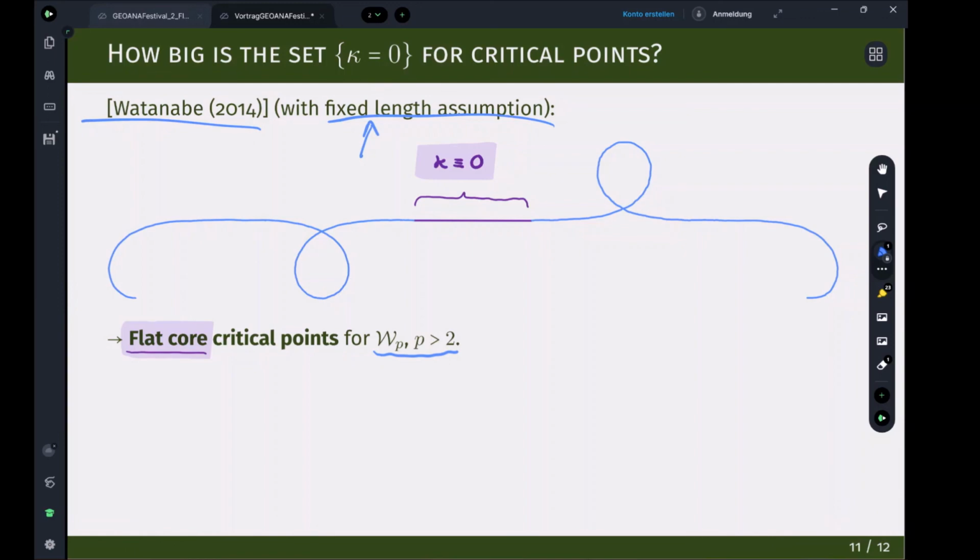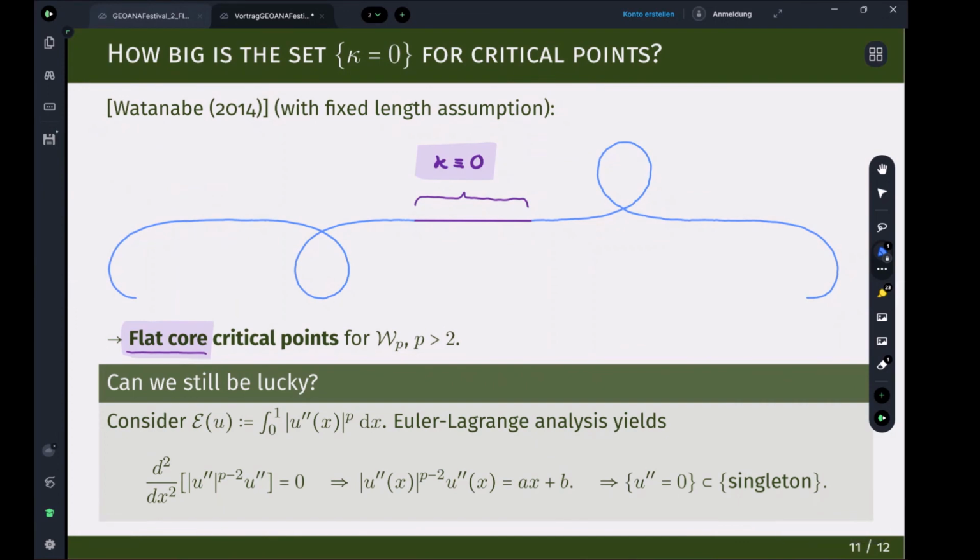Anyway, with this fixed length assumption, you find such a curve that has curved parts and combines them with a flat part where the curvature vanishes, and one calls those flat core critical points. And those can really occur in such a case where p is bigger than 2, so Watanabe has classified them and has observed that they can occur.